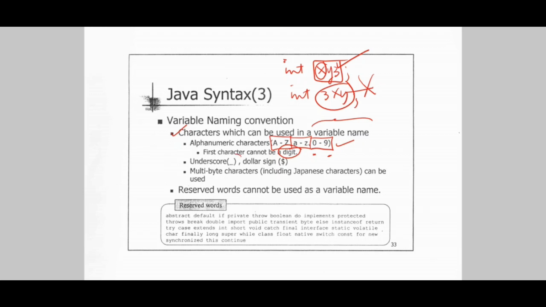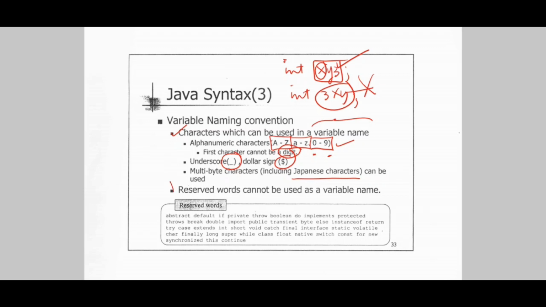It may also contain an underscore and the dollar sign and multi-byte characters, including Japanese characters if you have installed them, and any other multi-byte characters, not just Japanese characters.